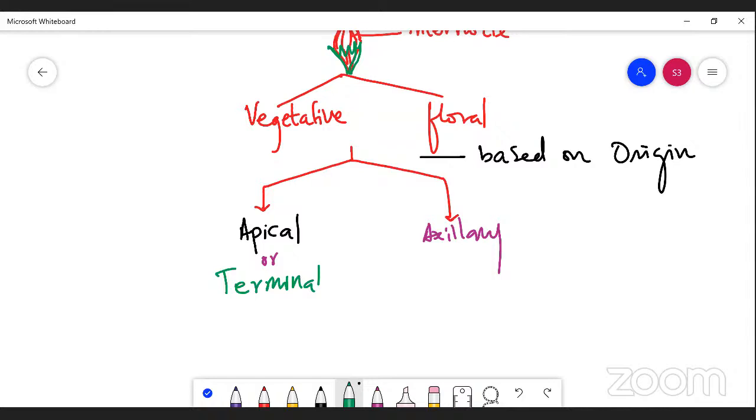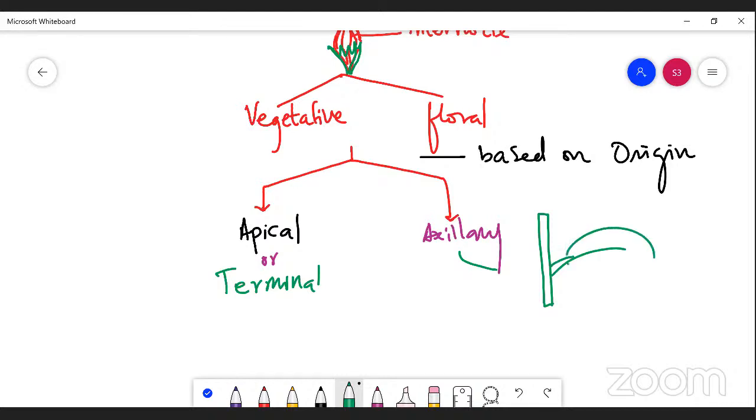Whereas an axillary bud is a type of bud that arises from the leaf axil, that is, the buds arise from the base of the leaf axil. Now this is a stem in which the node is a part of the stem on which leaves are borne.